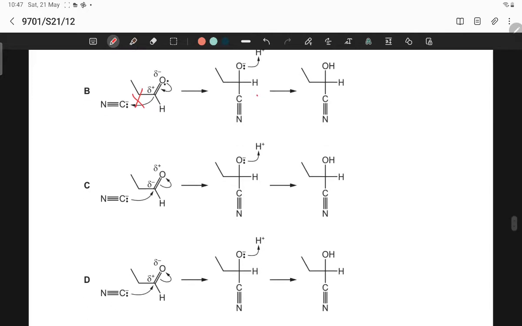C option: the direction of the arrow is correct, and the direction of the arrow is correct, and the direction of the arrow is correct. So the correct product is formed.